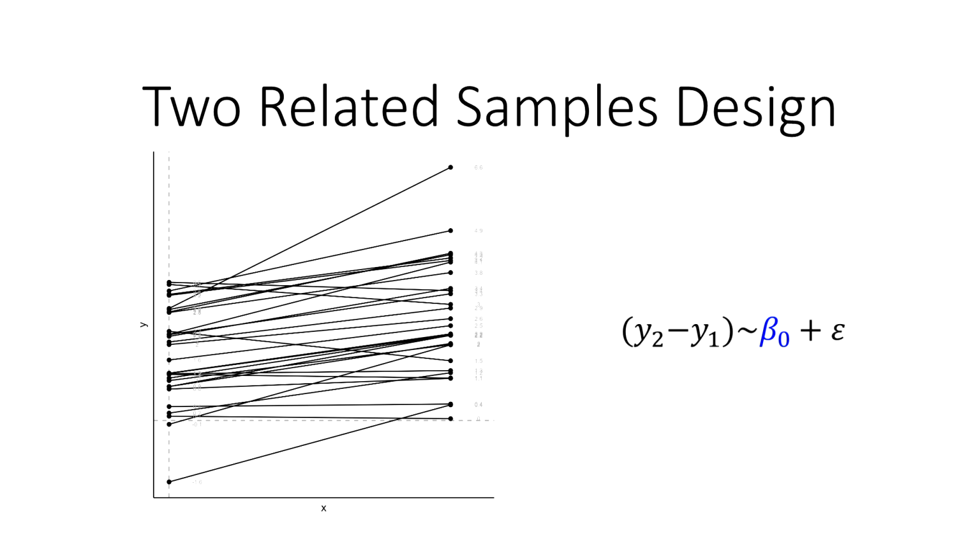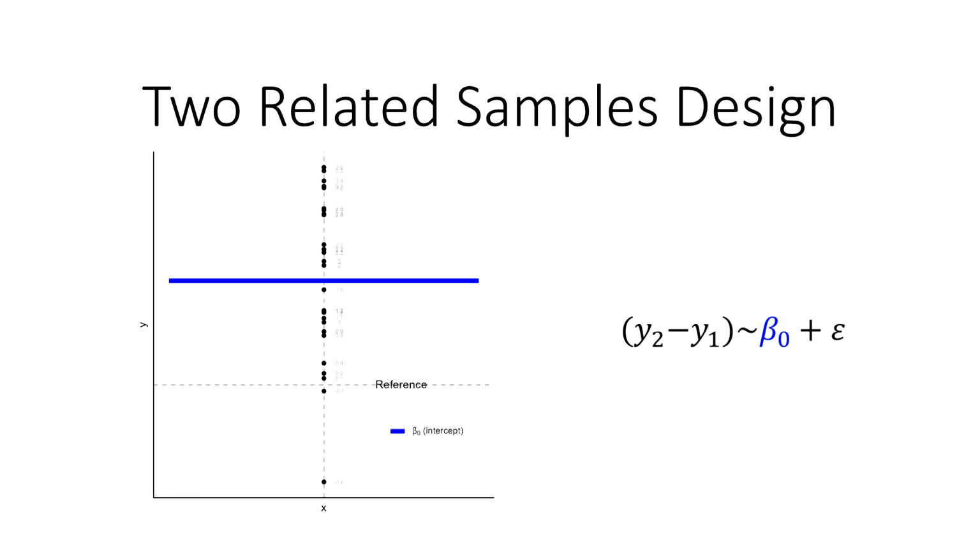So we can simplify this such that we calculate the differences between y1 and y2, and we have essentially an intercept only model on the paired differences. This essentially becomes a one sample t-test on the paired differences. And this is often what is called a paired samples t-test.